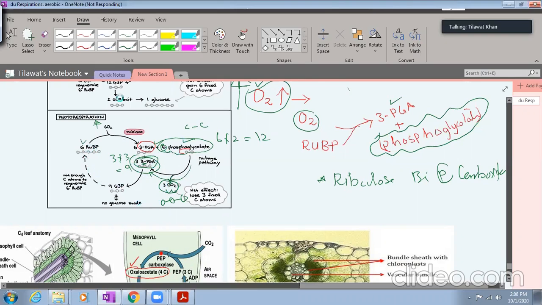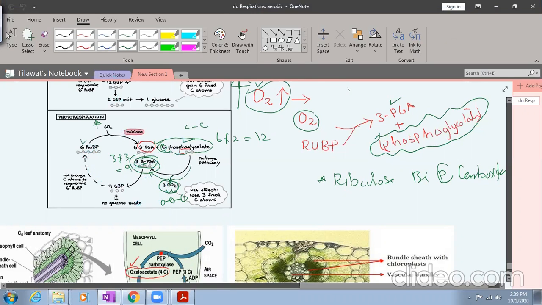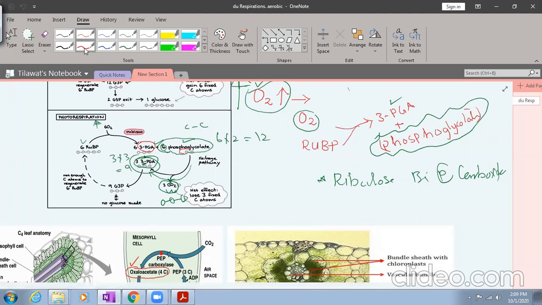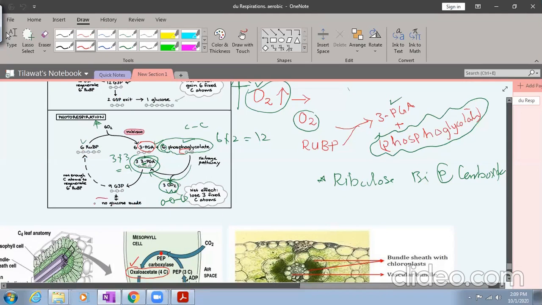But if RuBP does not decrease, we can face the problem of what? No glucose will form, because we will not gain this 3-carbon skeleton. If we do not get this 3-carbon skeleton, no glucose will form. Or if this 3-carbon skeleton forms, we may lose RuBP. 6 RuBP may not form, 5 RuBP will form.